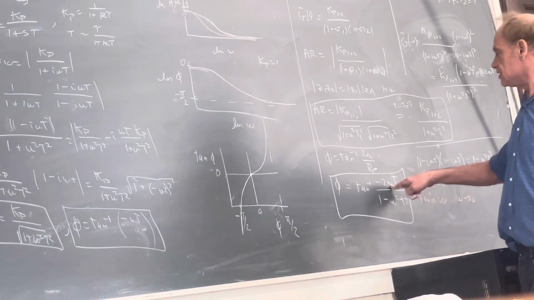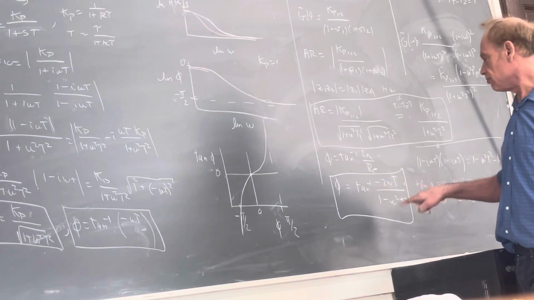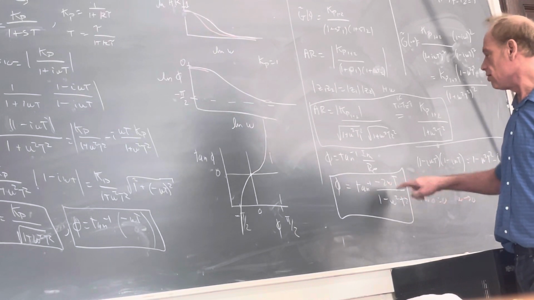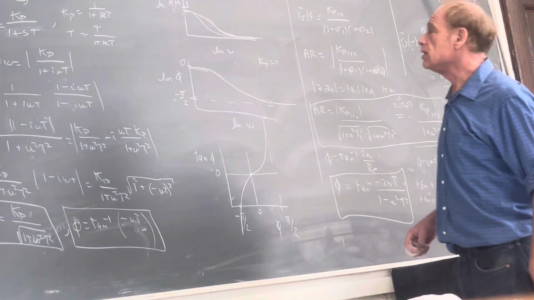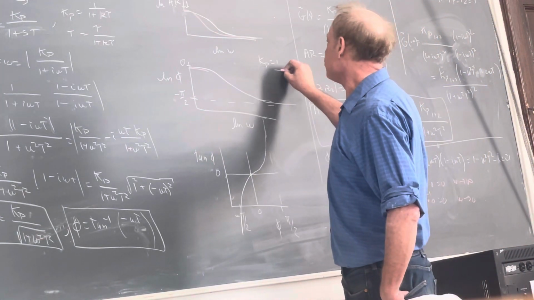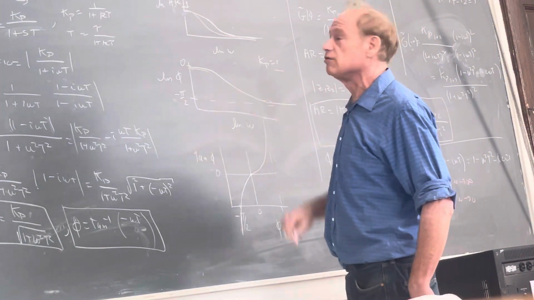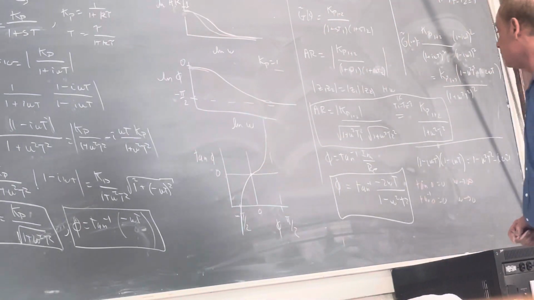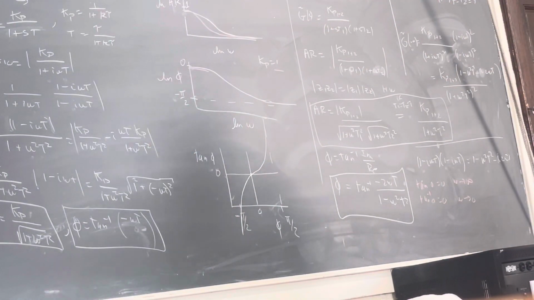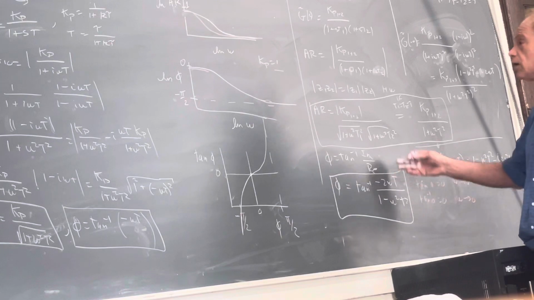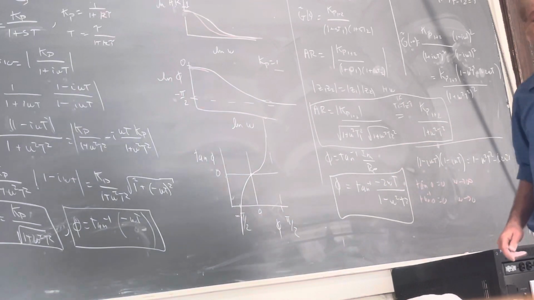When omega is 0, I have the arctangent of 0, and when omega is infinity, I also have 0. So clearly, it has an asymptote over here of 0 and an asymptote over here of 0. And what does it do in between? In between, it's the arctangent of a quantity that we have to figure out. So I'll just leave that for next time.